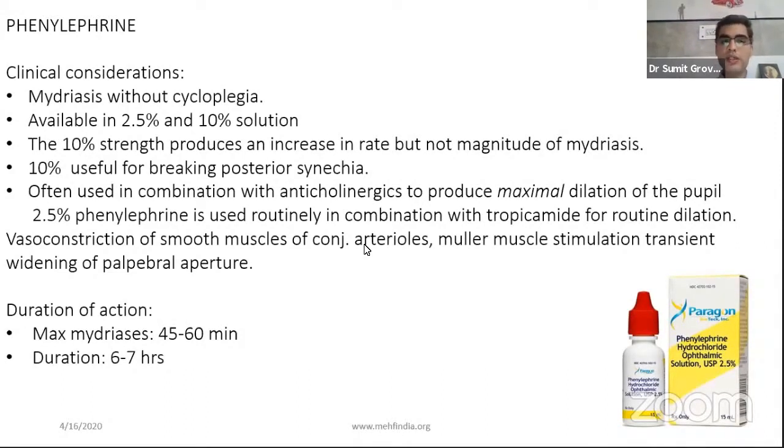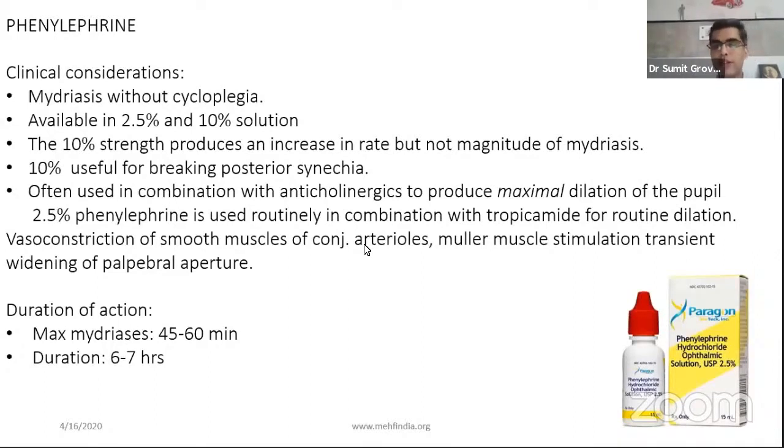It also causes vasoconstriction of the smooth muscles of the conjunctival arterioles, so it causes blanching. This is the other reason why it is used in combination with tropicamide, because tropicamide causes congestion if you use plain tropicamide. But when you use the phenylephrine combination, it aids in the mydriasis as well as causes blanching, so it increases patient comfort.